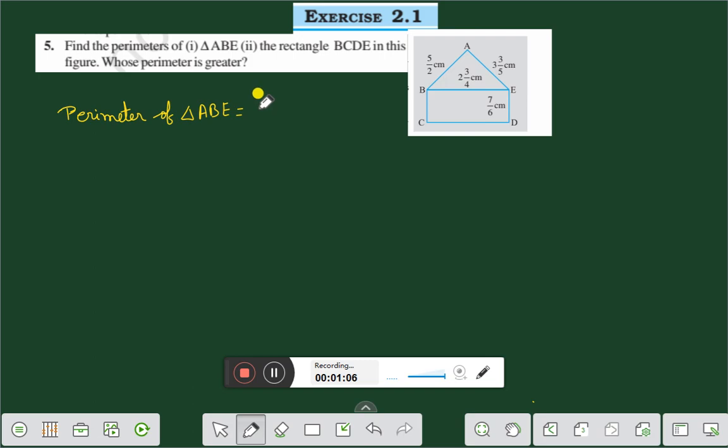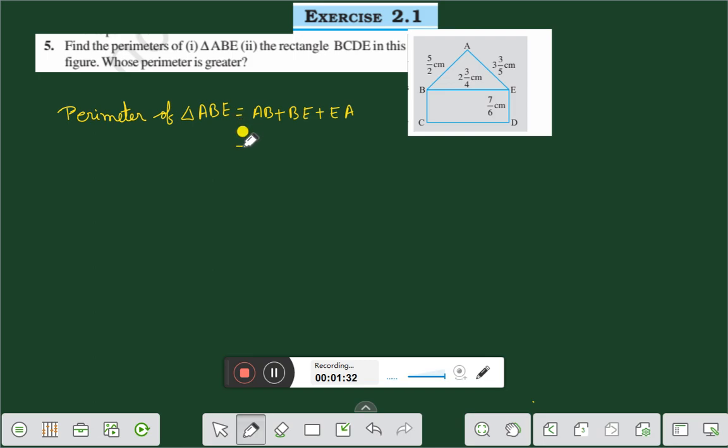sum of all the sides, that is AB plus BE plus EA. We will add all the sides of the triangle, right?